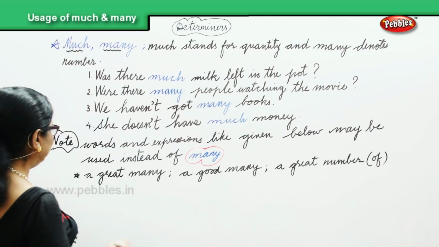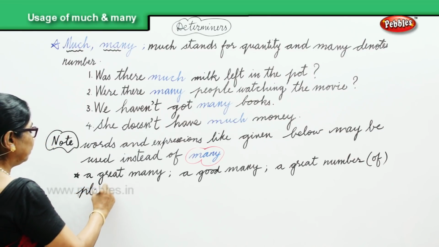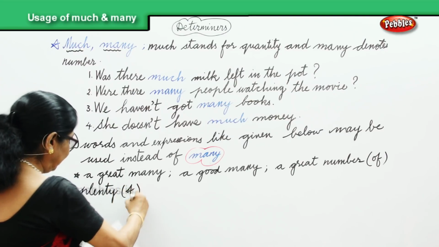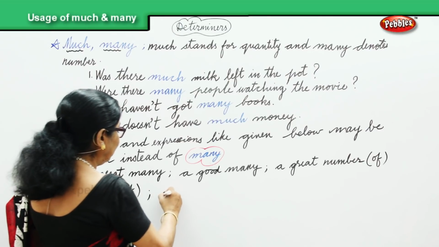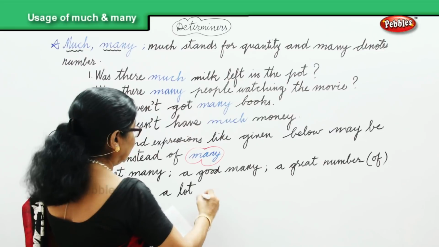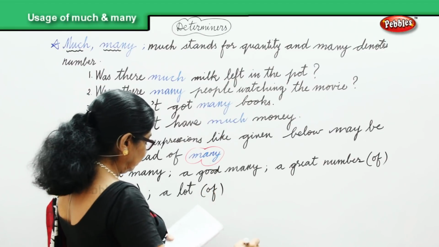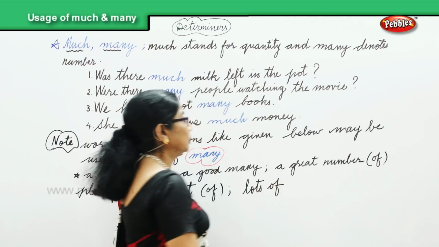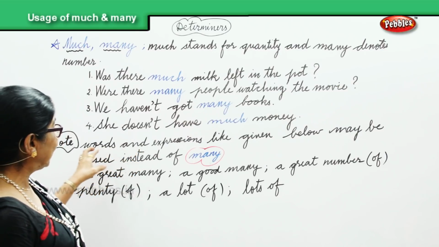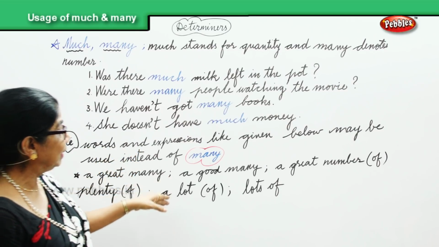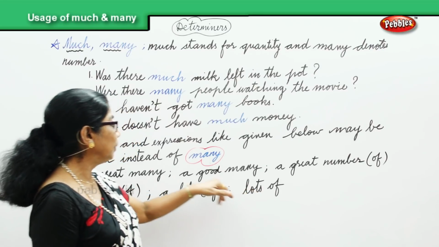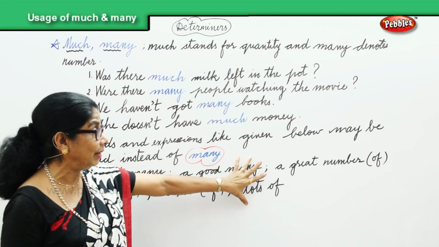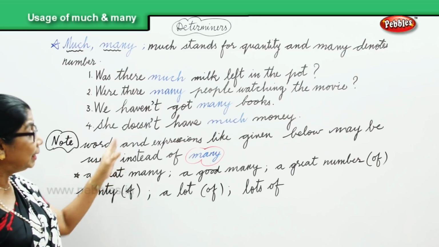Then plenty of, or a lot of, lots of. So, words and expressions: we have words like plenty, a great many, a lot, lots of, a good many. Words and expressions like these may be used instead of many.